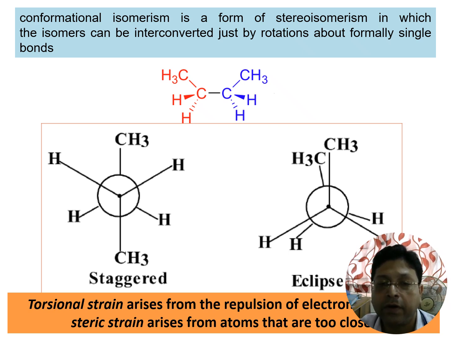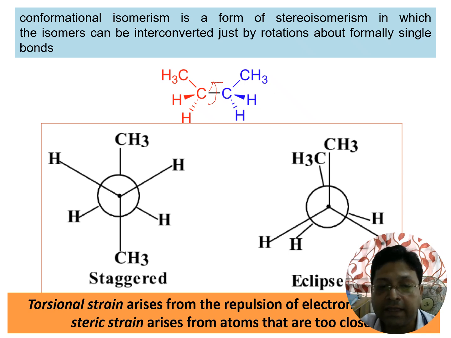This is a single bond. Due to the free rotation of this single bond, we can get different orientations. This is the staggered conformation, and this is the Newman projection. This is the frontal carbon atom with hydrogen, hydrogen, methyl, and the backside carbon atom with methyl, hydrogen, hydrogen.